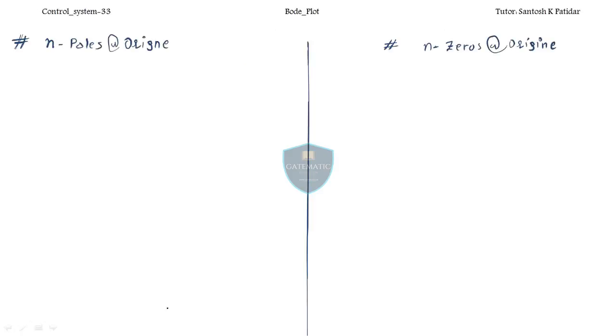N poles at origin, n zeros at origin. So the open loop transfer function will be, for poles at origin, n number of poles, so s to the power n in the denominator. And if we talk about the zeros at origin, it will be s to the power n in the numerator.